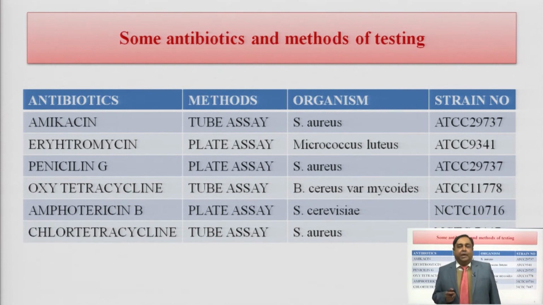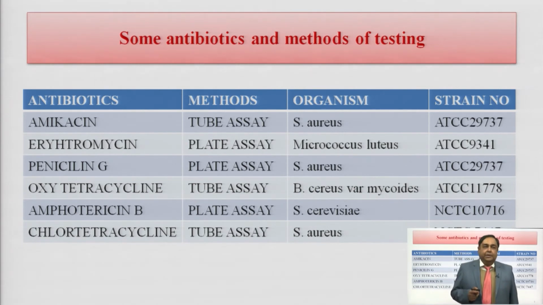Oxytetracycline, on the other hand, is measured by this turbidimetric or tube assay method, where the organism is Bacillus cereus variety mycoides with a strain number ATCC 11778.